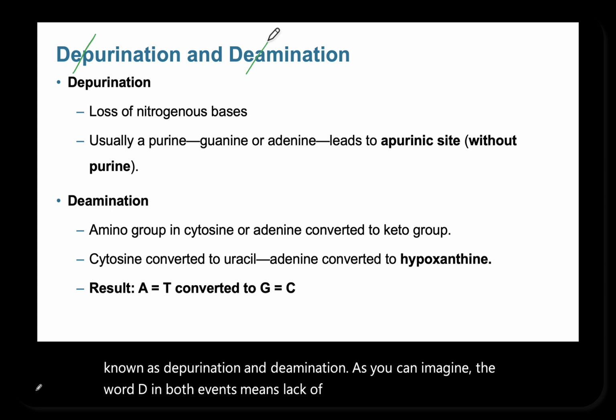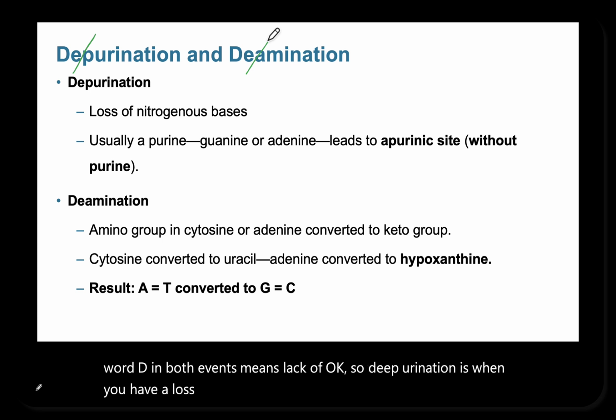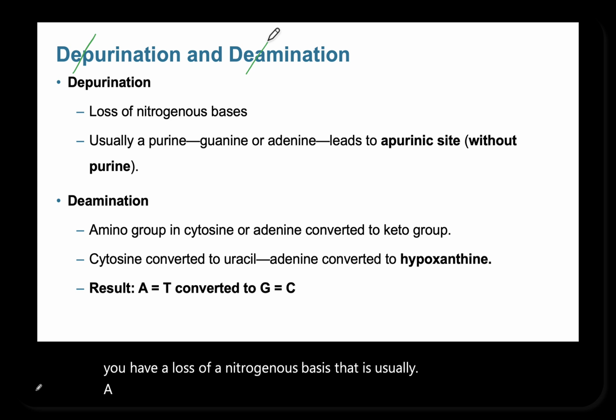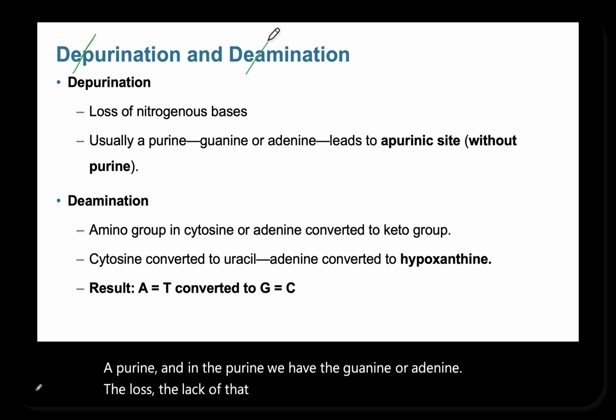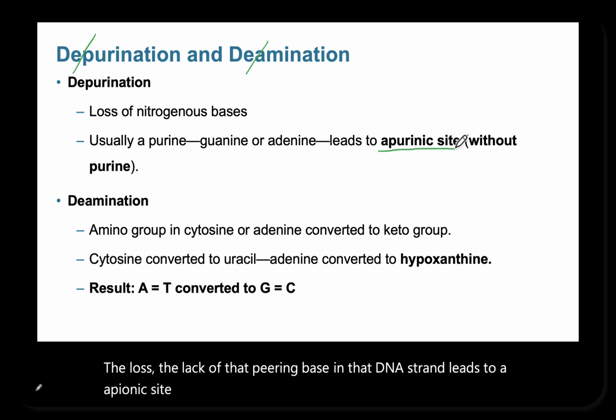So depurination is when you have a loss of a nitrogenous base that is usually a purine, and the purines are guanine or adenine. The lack of that purine base in that DNA strand leads to an apurinic site, which means it's a space. It is a site without a purine base.